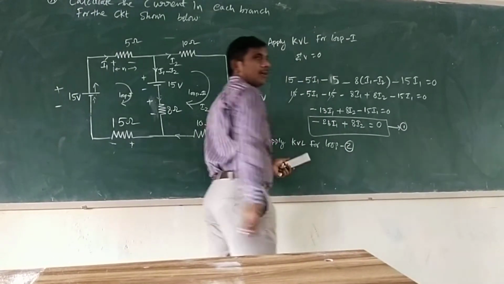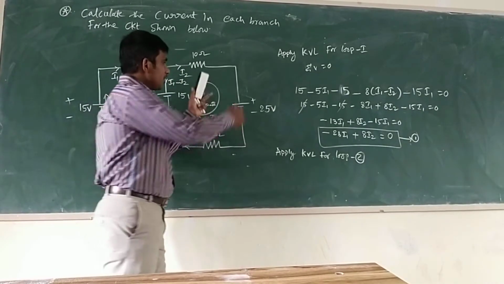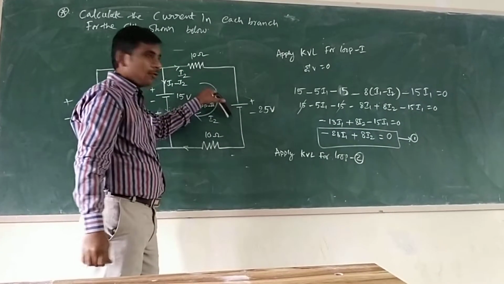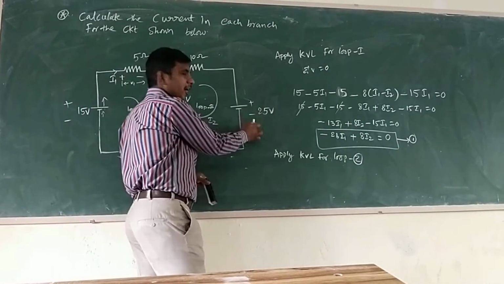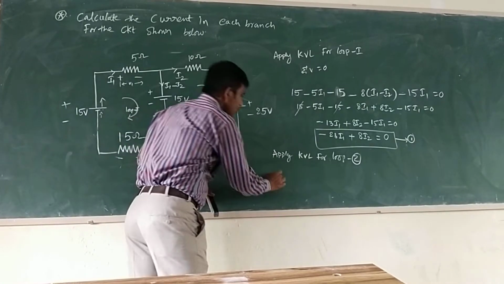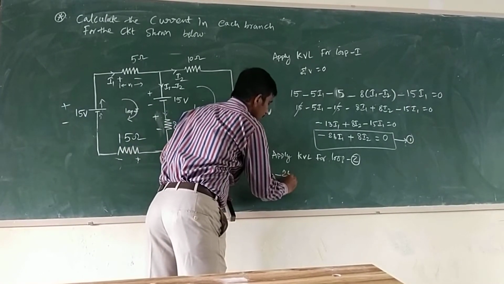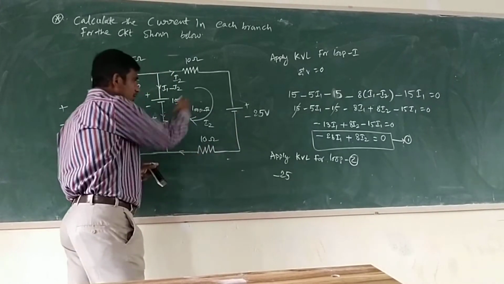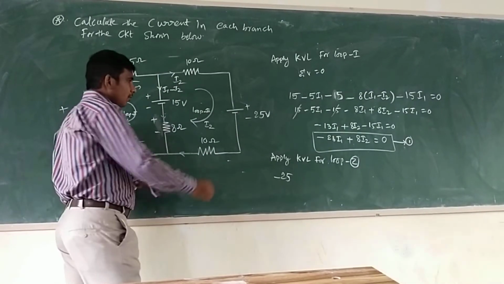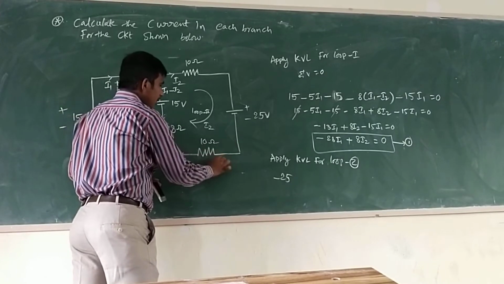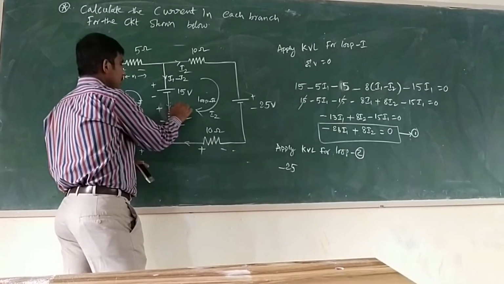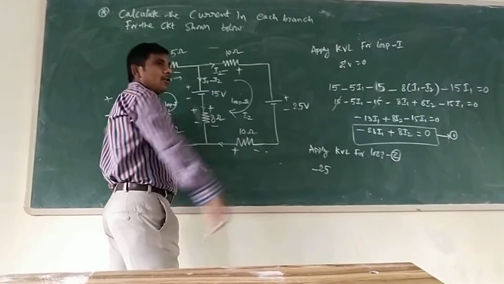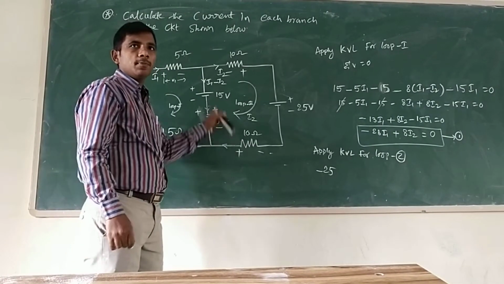First from the source we are going down. Okay? Plus to minus, current is leaving. Minus 25. If you consider minus to plus in a voltage source, you have to consider all plus. Now we have represented the signs for this loop.